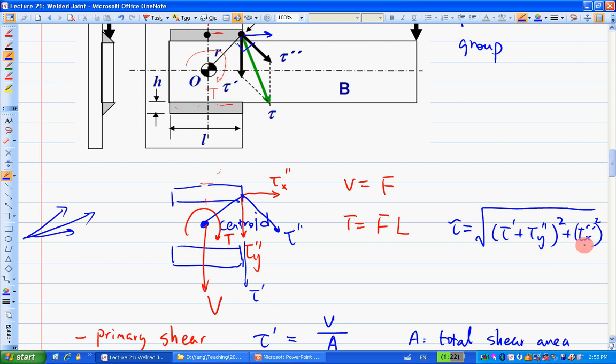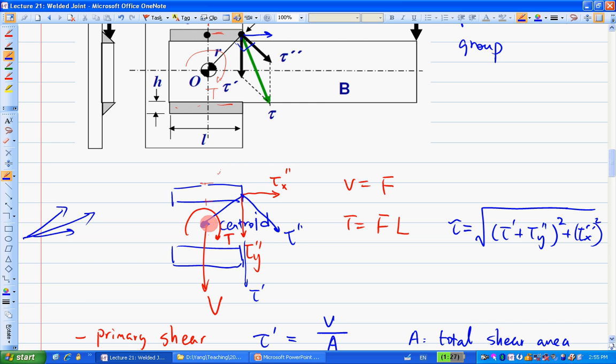So the question here is, what will be the tau x double prime and what will be the tau y double prime? Tau x double prime is the shear stress in this direction here. Now remember, which one caused the tau x double prime? T, right? So T caused it.